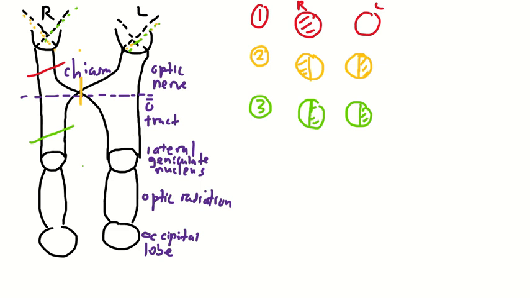And the same goes for what happens in the lateral geniculate nucleus and the optic radiation. If there is a lesion in these three regions, it will produce this picture.